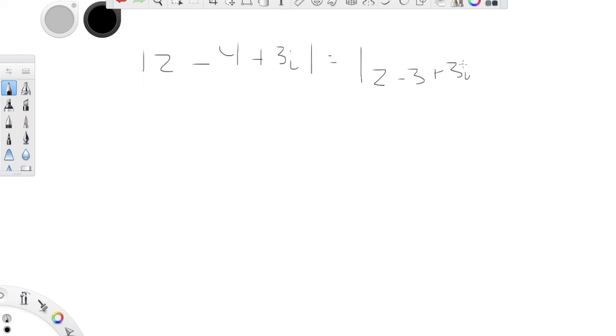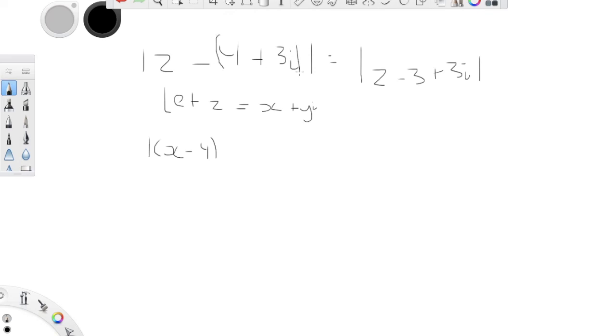What we need to do first, as always, is let z equal x plus yi. Now we'll write it out, and we'll group real and imaginary terms as well. So we have x minus 4, making sure we put all this in brackets, and then we have to change the sign of this.